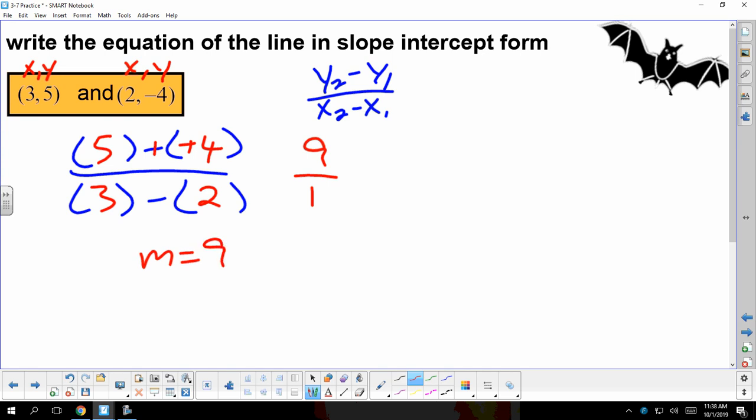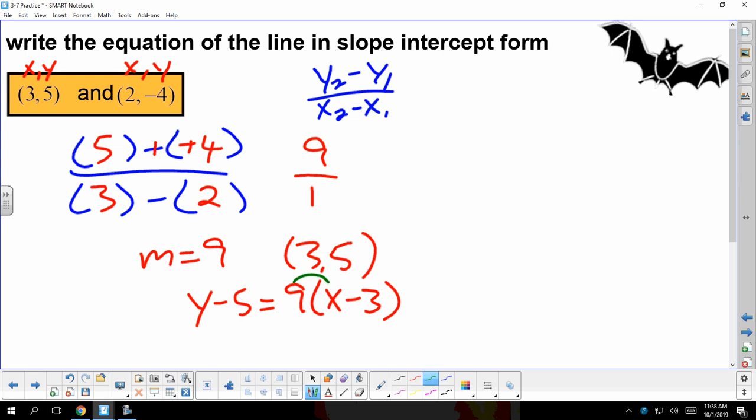Does it matter which point I use to put it in point slope form? No, right? So I'll just use this first one because it's the first one. Why not? I'll end up getting the same equation of the line regardless of which point I use. So y minus 5 equals 9 times x minus 3.